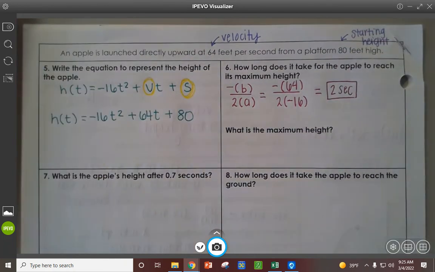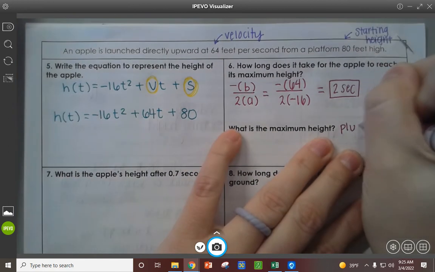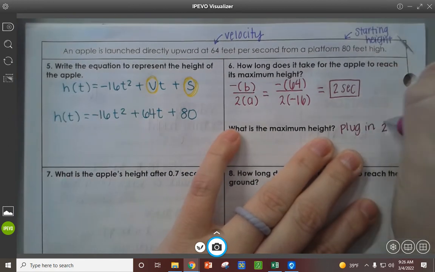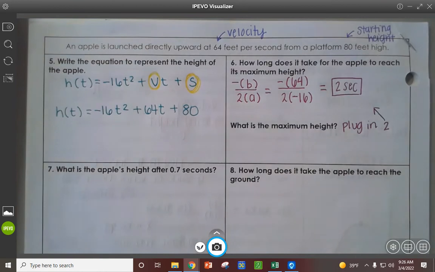Then it says, well, what is the maximum height? So we know that we hit the peak at 2 seconds. Well, what is that height? We're going to plug in 2, because we got 2 in that other part.